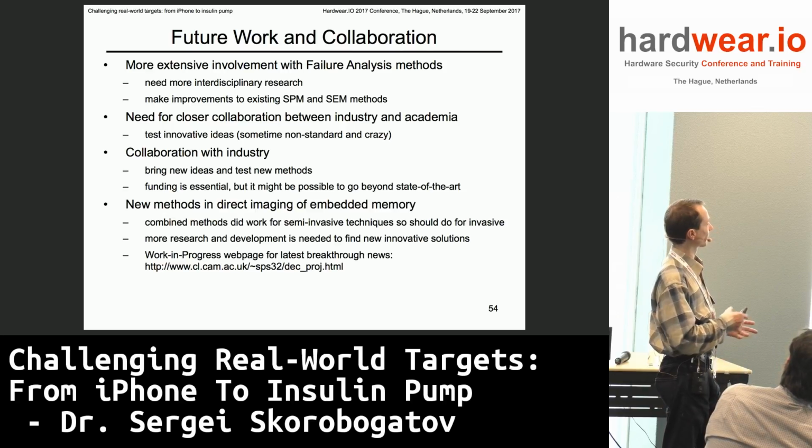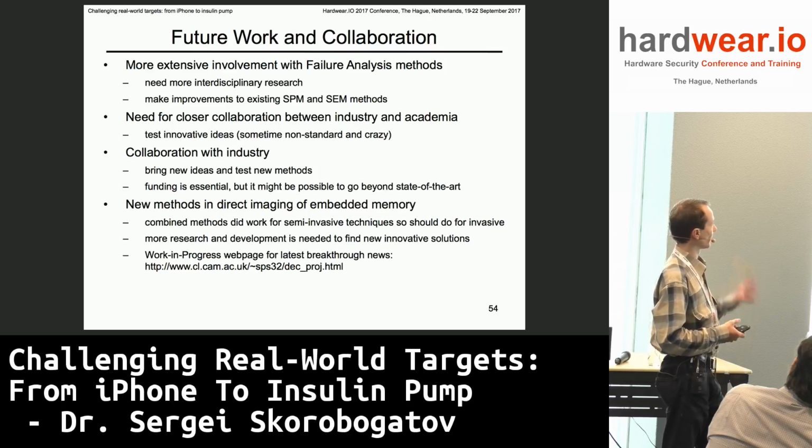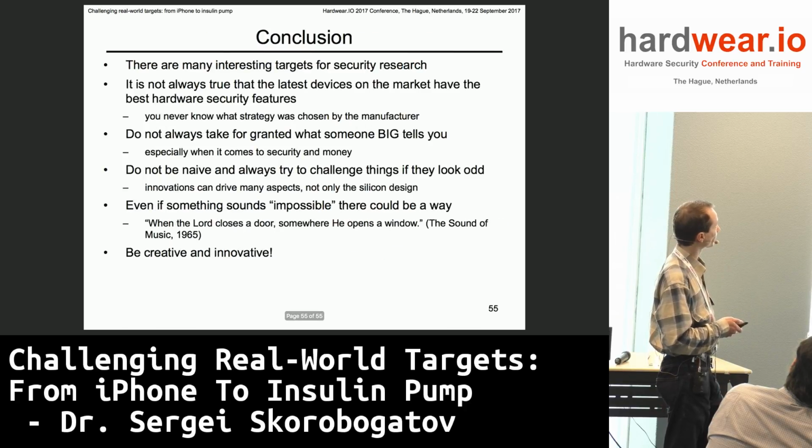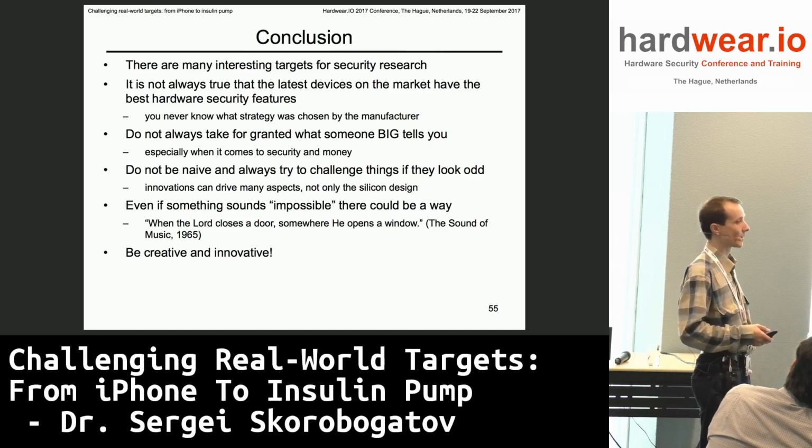So I would like to use combined methods, not just using the existing equipment, but try to come up with a new solution and new approaches. And that means more research is needed. And I have a dedicated page on this project, but at the moment there's not much available except for the results for electron microscopy.